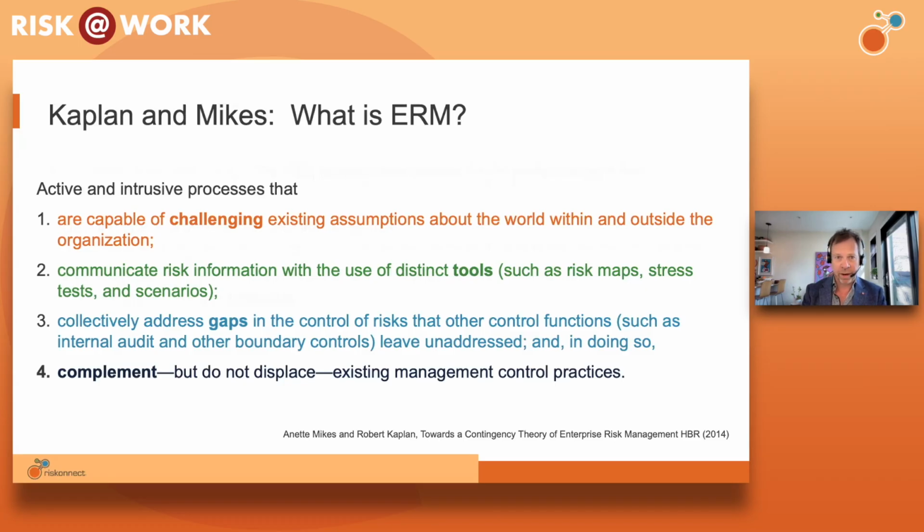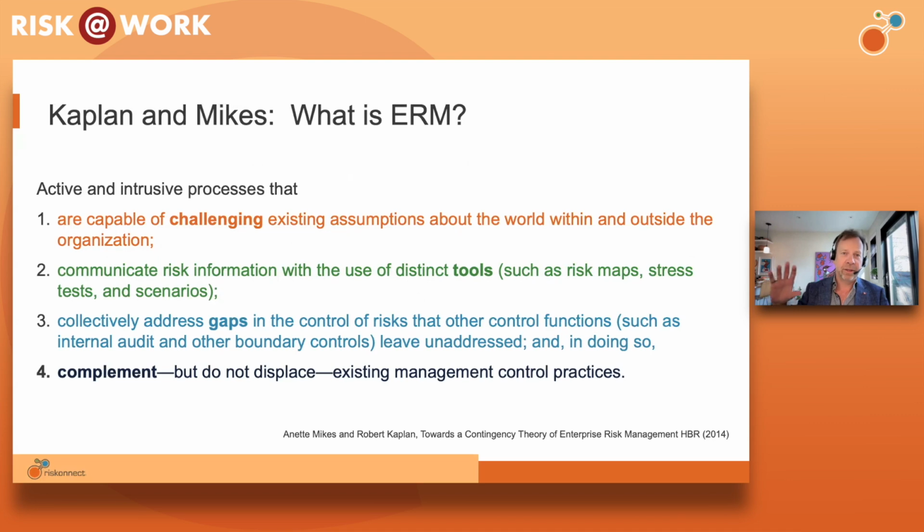And it consists of these four elements: challenging assumptions about the world and inside, communicating information using tools, addressing gaps that are unaddressed by existing control or management functions, and complementing and enhancing those things. So in reality, different companies' ERM programs can be very different from one another.